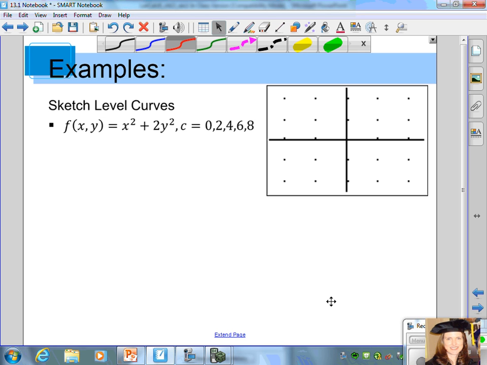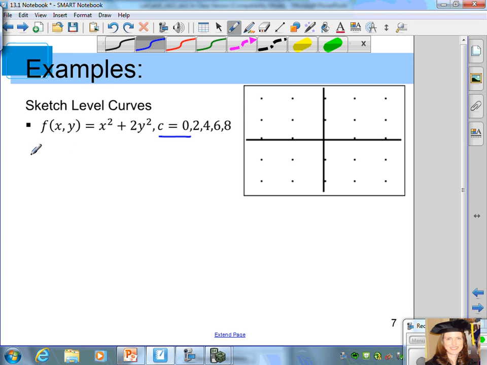In this case, where a function is given here, and our c levels, c equals 0, 2, 4, 6, and 8, we're going to look at the first c level, and we're going to set the function equal to that c level to get x squared plus 2y squared is equal to 0.